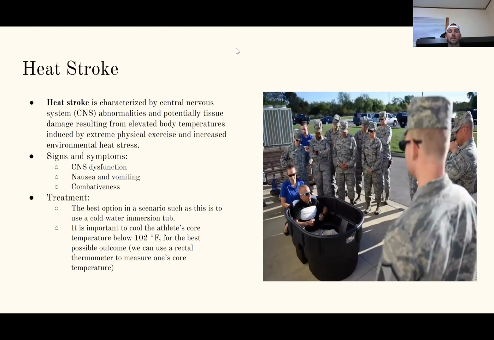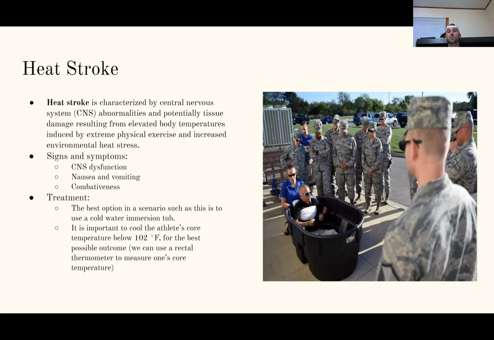All right. Next up, we have heat stroke. Heat stroke is characterized by CNS abnormalities, which can cause damage to tissues because of the elevated or high body temperature. Signs and symptoms of heat stroke include CNS dysfunction yet again, nausea or vomiting, and combativeness.